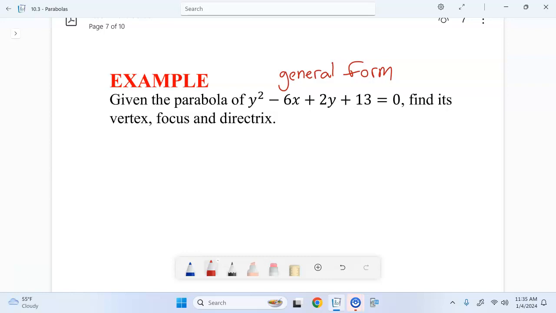So what's being squared in that parabola? If y is squared, what direction is our parabola going to be? Horizontal. Is it going to open left or right?